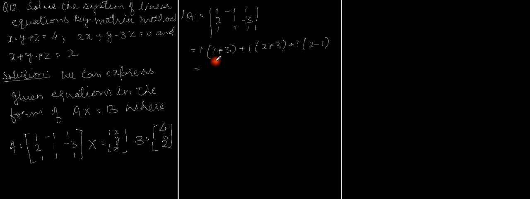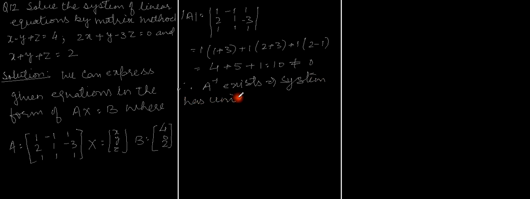After we solve this, the final answer comes 4 plus 5 plus 1, this is 10, not equal to 0. Therefore A inverse exists, which implies that the system has a unique solution.